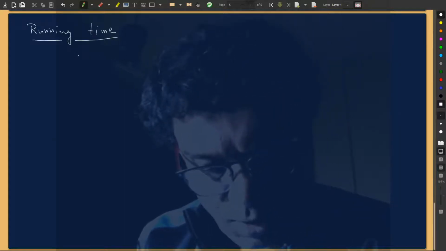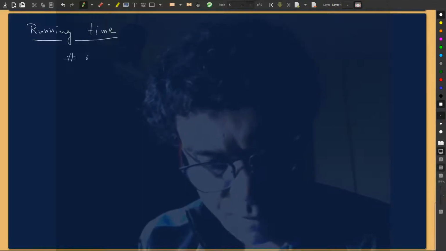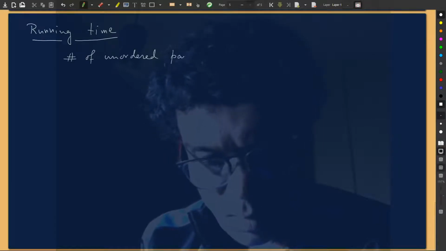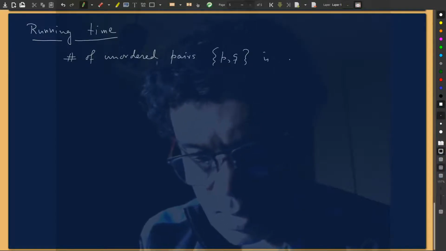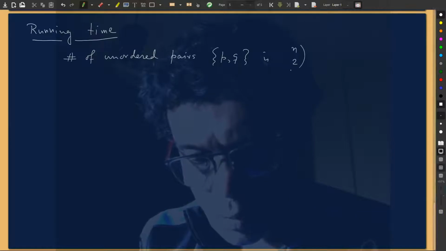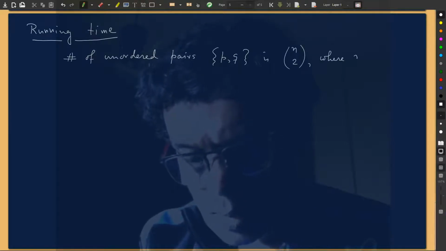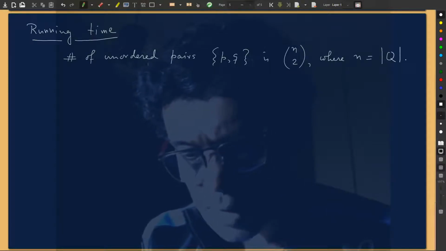So first of all, how many pairs are involved? The number of unordered pairs of the form PQ is nothing but n choose 2, where n is the size of Q, that is the number of states.